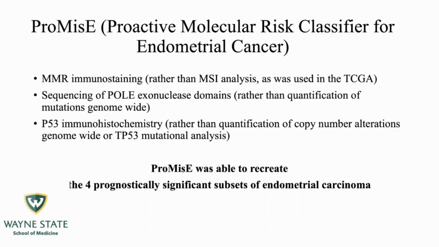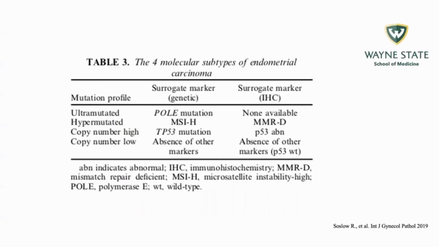As simple as we do the MMR for every endometrial carcinoma. If you can implement it by MSI, that's wonderful, but immunohistochemistry is sufficient. If the lab has the capacity to do the polymutation, that'll be great, and P53. And this was able to recreate the 4 prognostically significant subtypes of endometrial carcinoma.